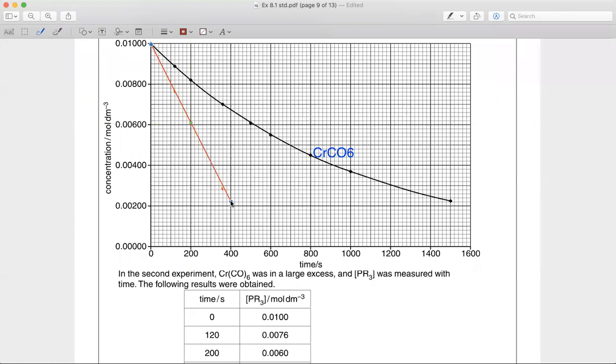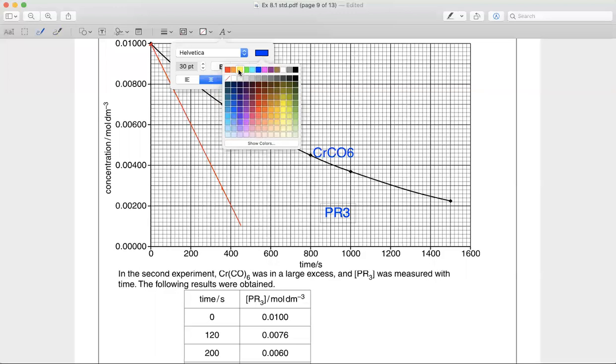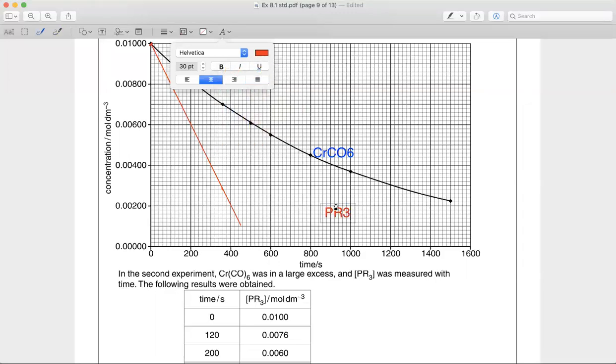That looks like that, okay? That is in fact a straight line. And now you label this graph, it belongs to PR3. So this graph is a little bit different from the graphs that you have encountered in questions 4, 9, and 10, okay?